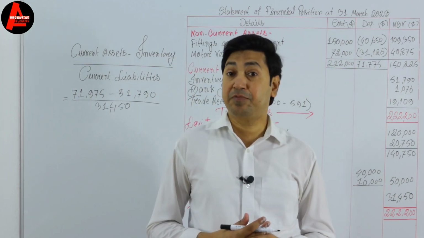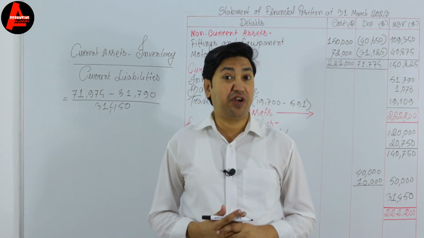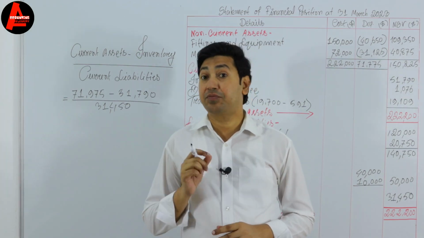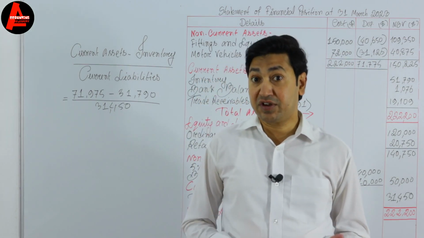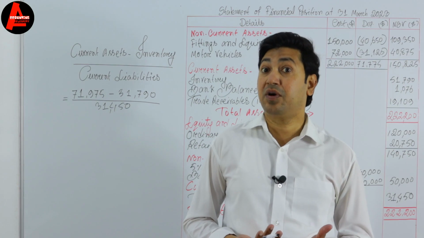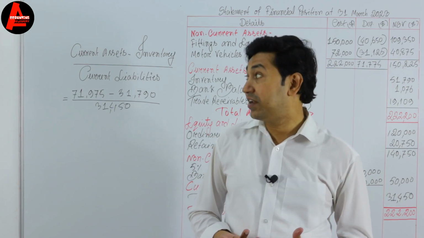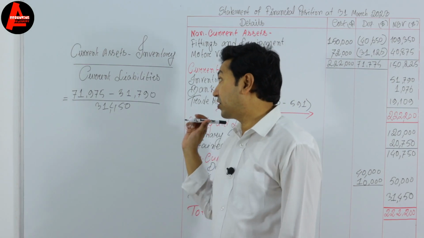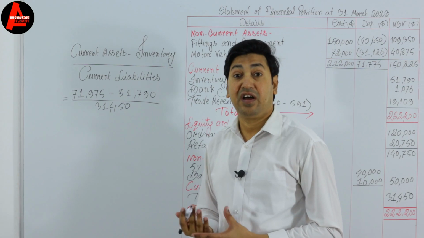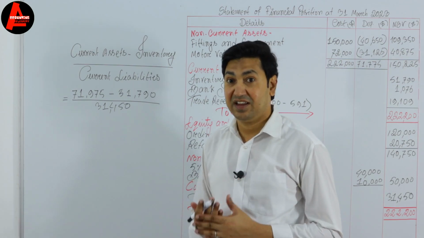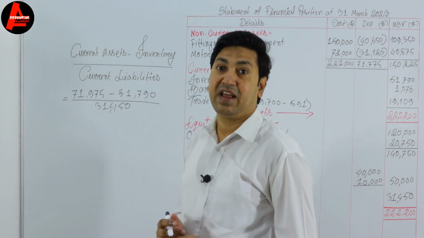Often you will have provision for doubtful debts in the question with trade receivables, but the problem is many students forget to subtract provision for doubtful debts from trade receivables. If you write trade receivables without subtracting it, your answer will be incorrect. So don't make this mistake.